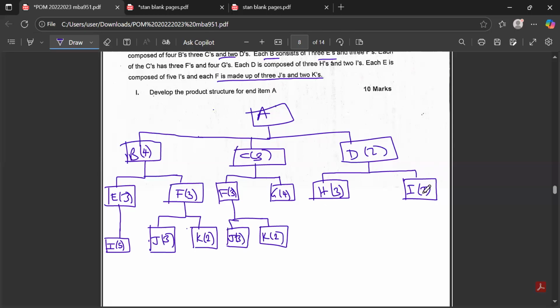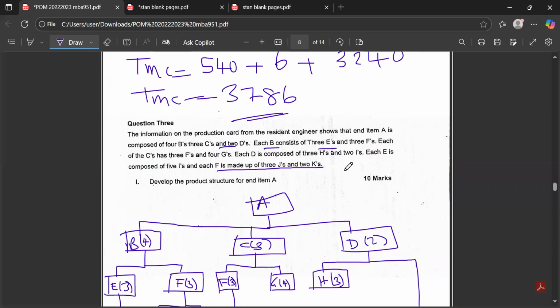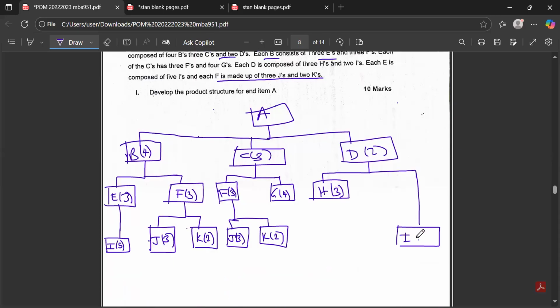Since this is the same I here, we can drop this I from D to come and be at the same level with that other I. So this is what goes on. D itself is composed of the 2 I's here. All right, so this is the product structure tree. That answers the first question.